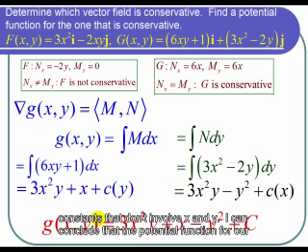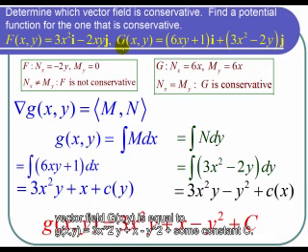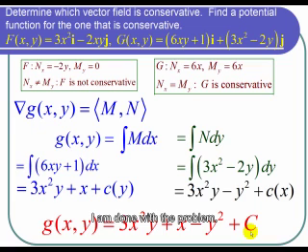So I can conclude that the potential function for our vector field capital G of x,y is equal to little g of x,y, which is 3x squared y plus x minus y squared plus some constant c. And I'm done with the problem.